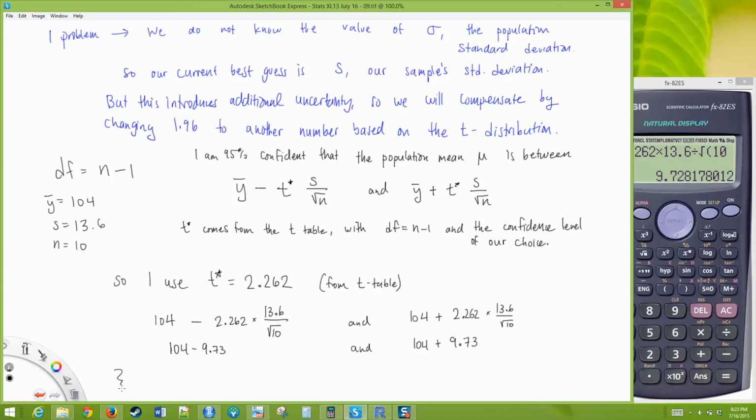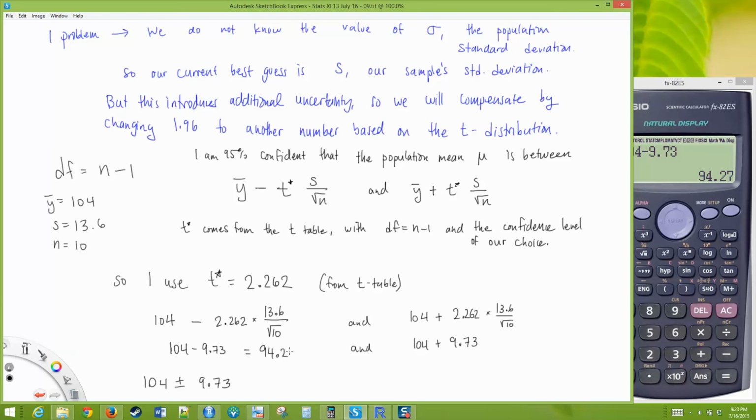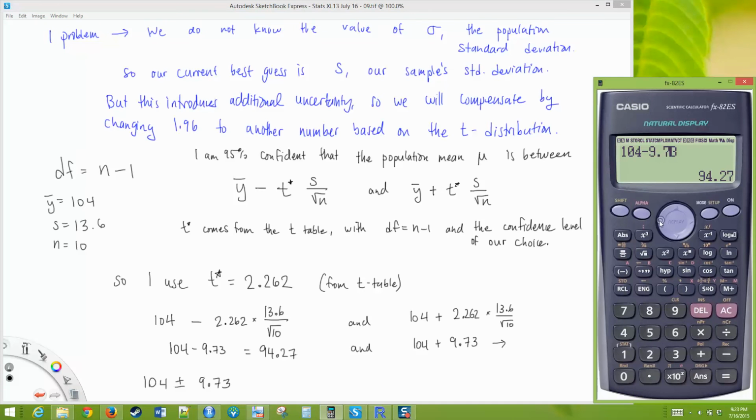So 104 minus 9.73, what is that? 94.27. And 104 plus 9.73 gives me 113.73.